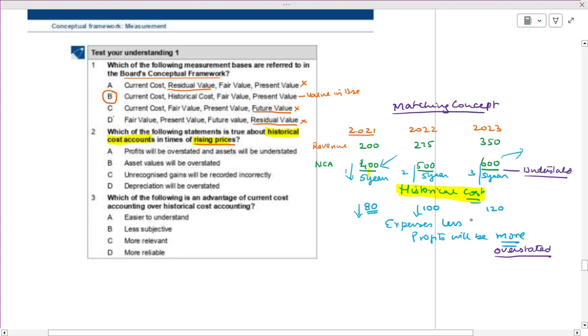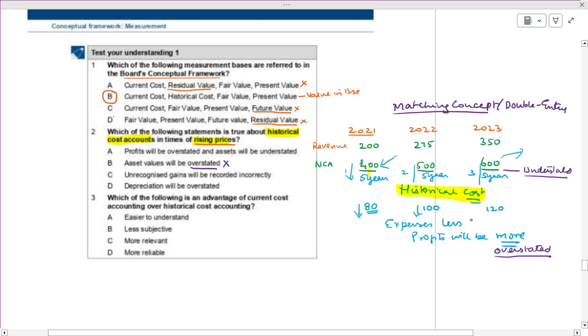You are matching the income with the expenses. It is a double entry, which means we have to link it in multiple ways. Only one will never get affected; only asset values will never get affected.